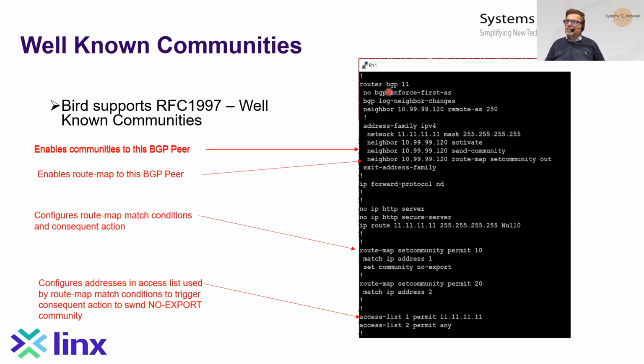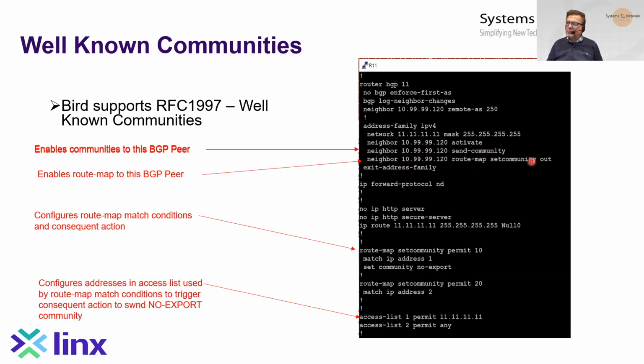So on router 11, which is the router I'm using to do this demonstration and send the community with a routing update, I need to configure it to send the community, in the first instance, the community of no export. So when I'm telling it to go and talk to the route server, I put an additional string here, which is send community. That needs to be there. And then I have a mechanism called a route map, which is called set community down here.